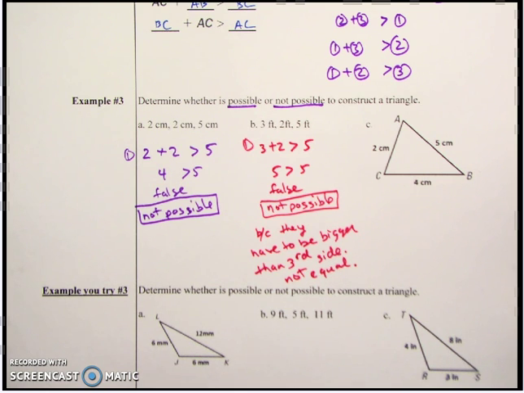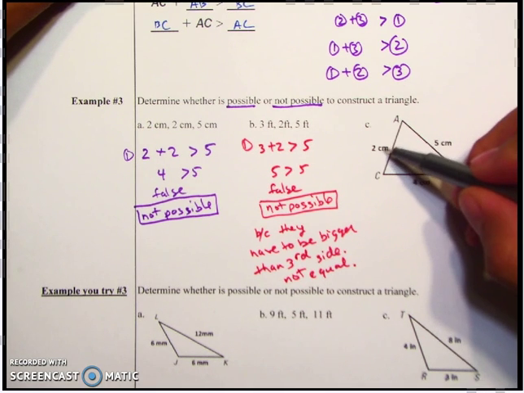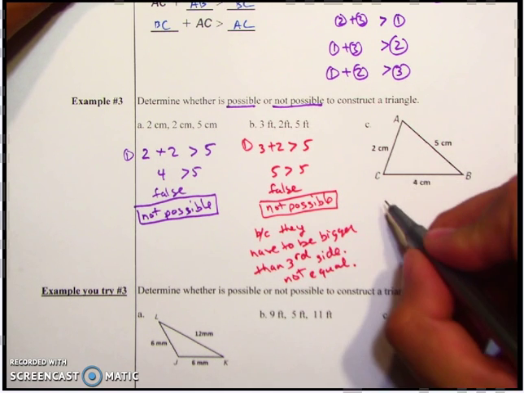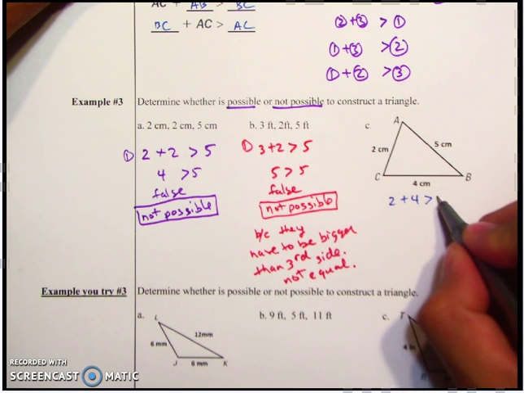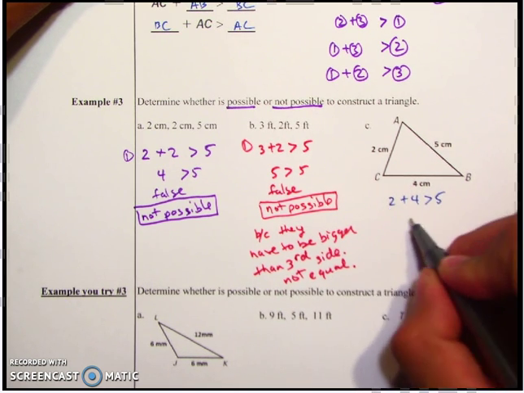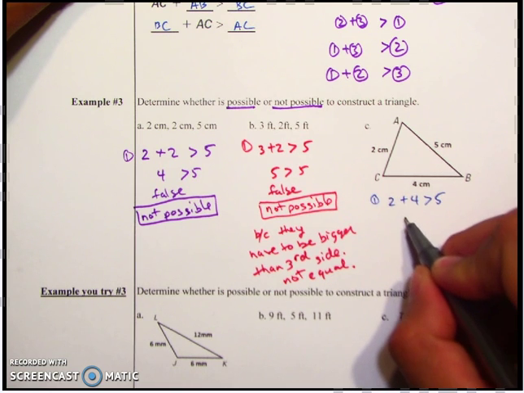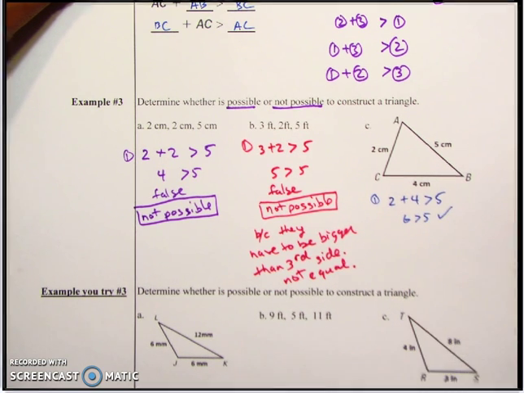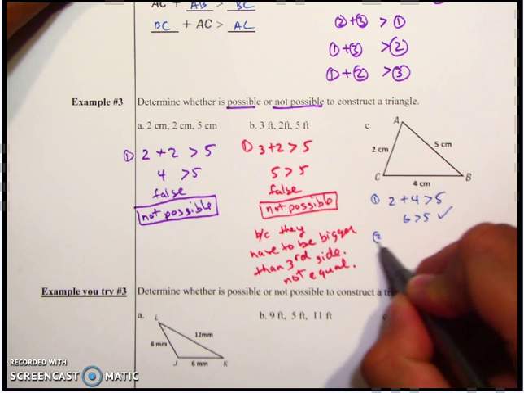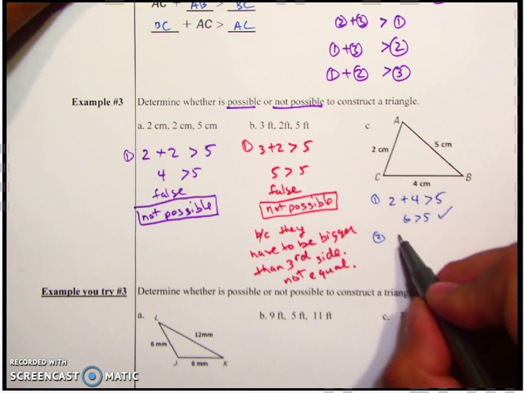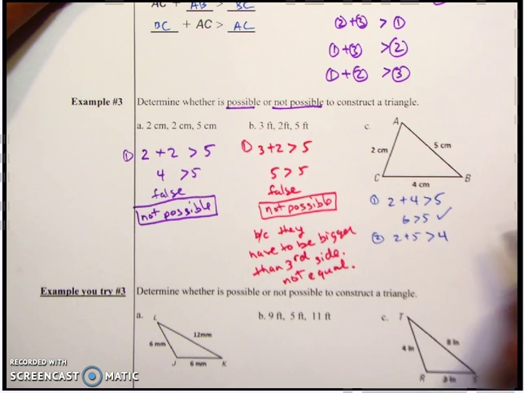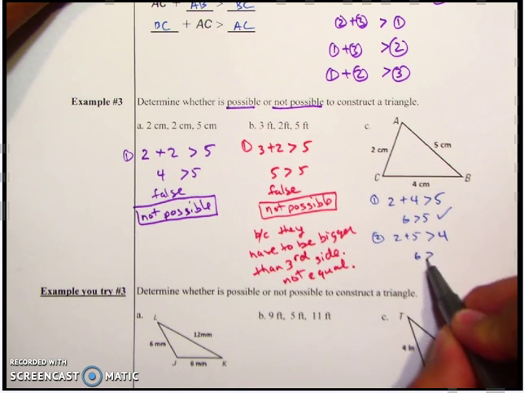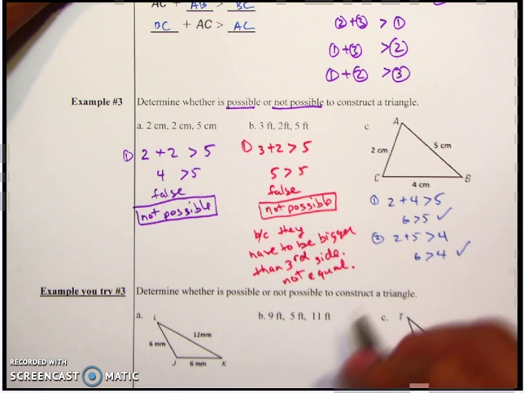Alright, let's try again. Let's go try C. Here you have these 2 sides, 2 and 4. So 2 plus 4 greater than the third side, 5. So let's see. That's 6. That is true. Let's keep going. 2 plus 5 greater than the other side, which is 4. 7, that's true.